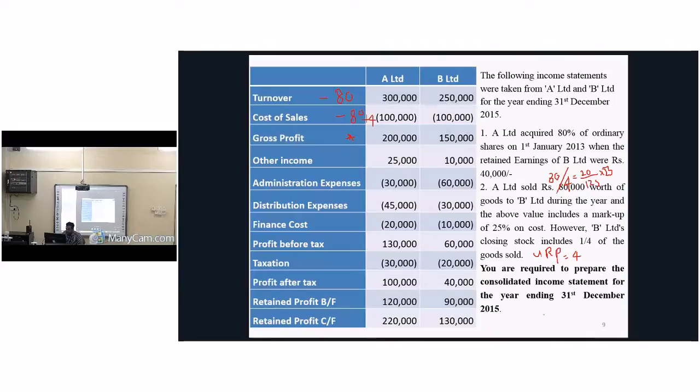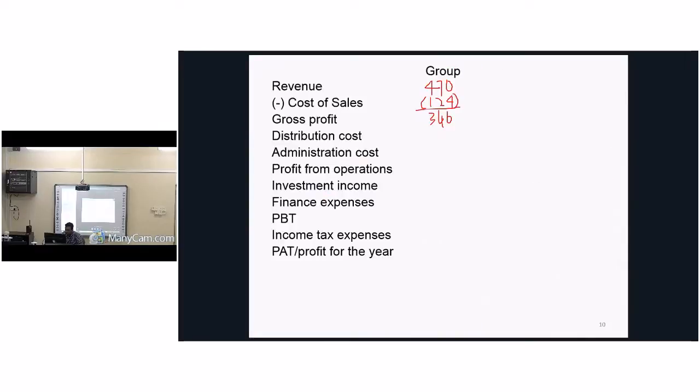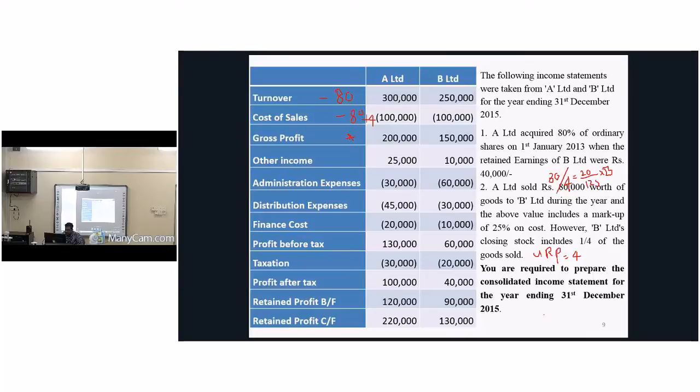Then other income, is there any change for the income? No adjustments for the income. Therefore, we will take as it is other income, 35. And administration, distribution, everything I'll take together. No issue, no adjustments for these. Therefore, I'll take everything together. 30 plus 60 plus 45 plus 30 plus 20 plus 10.